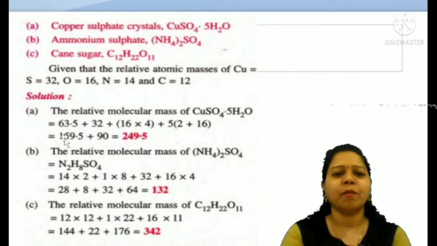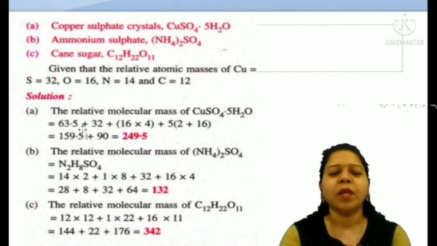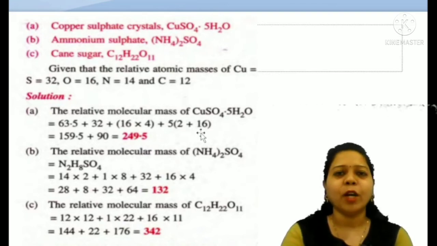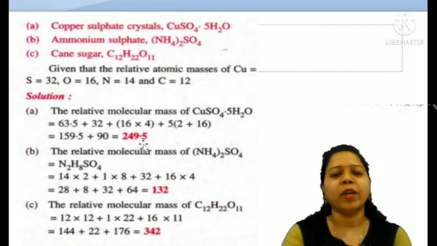Only one, so we take the mass of copper, 63.5, plus the mass of sulfur, 32, plus the mass of oxygen: there are 4 atoms of oxygen, so 16 into 4, plus 5, and the 5 written before H2O means 5 molecules of H2O. The mass of H2O is 18, so we multiply by 5 molecules of water. After calculation we get 249.5, which is the molecular weight of the copper sulfate crystal.